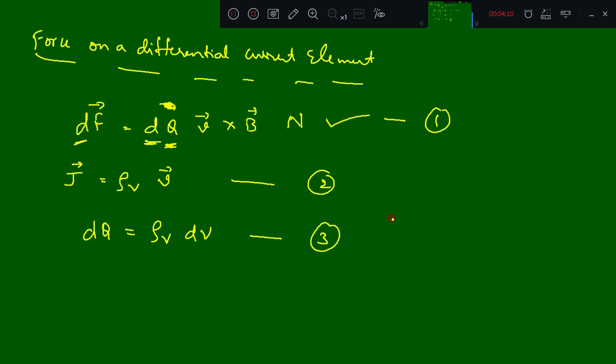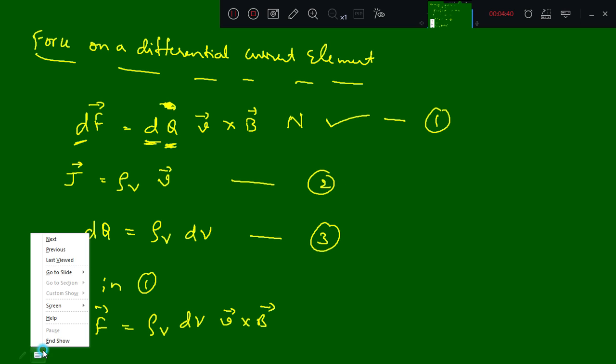Substituting this equation 3 in 1, I am going to get differential force dF equals rho v dv into velocity vector V cross product with B. Then expressing dF in terms of J using equation number 2, dF is equal to J cross B into dv. This you can give as equation number 4.